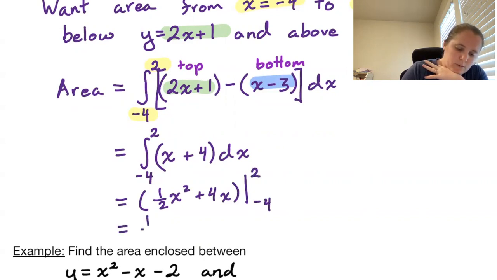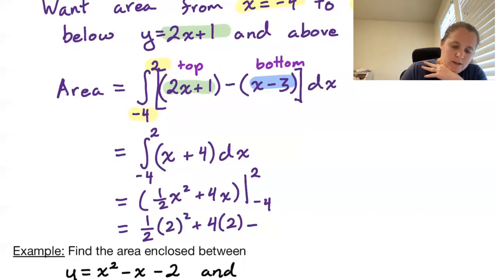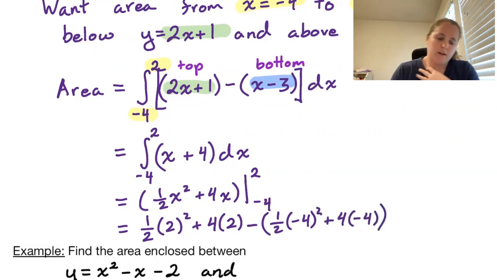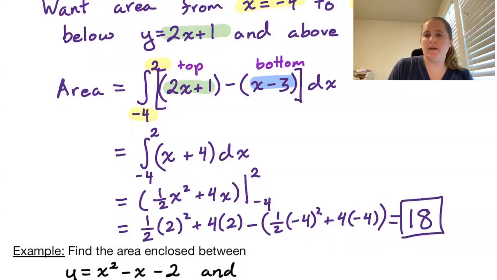So we are looking at 1/2 times 2 squared plus 4 times 2 minus 1/2 times -4 squared plus 4 times -4. And that winds up giving us 18. So the area between in that region we specified is 18.